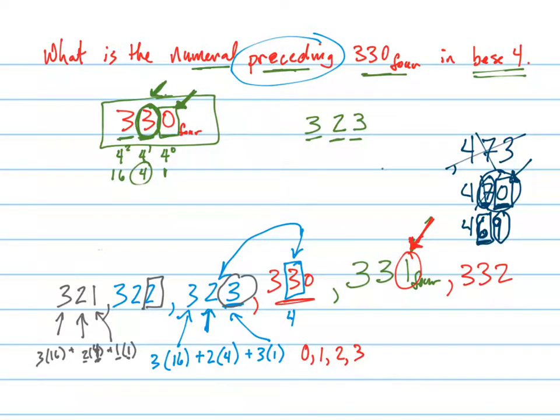That's exactly what we're doing with this number. We can't take 1 away from the 0 here because there's nothing to take away from the 0. So we have to borrow from the 4's place, not the 10's place, because we're not in base 10. We're in base 4. So we have to borrow one of the 4's. We change that 3 to a 2.